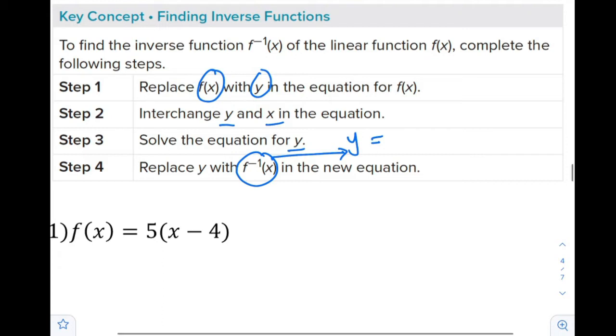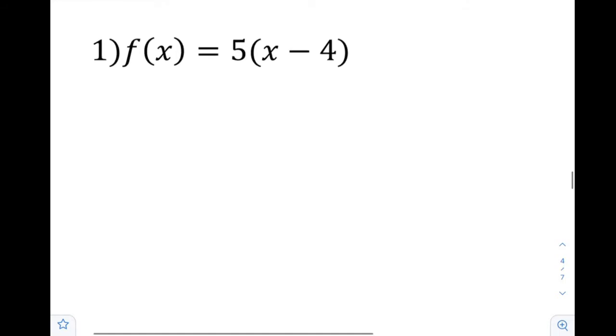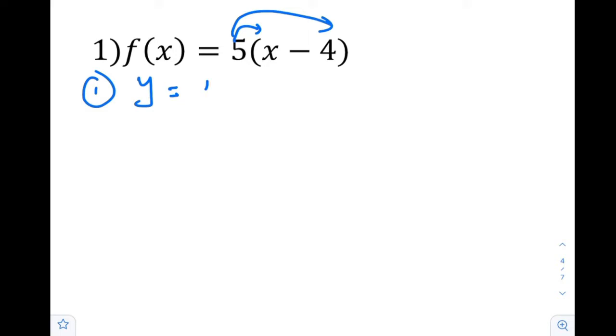Now let's practice. Question 1. f of x is equal to 5 times x minus 4. Step 1, we will name this as y, and at the same time I can distribute: 5 times x minus 20. Step 2, interchange x and y.